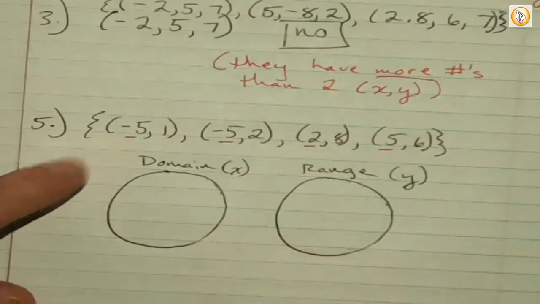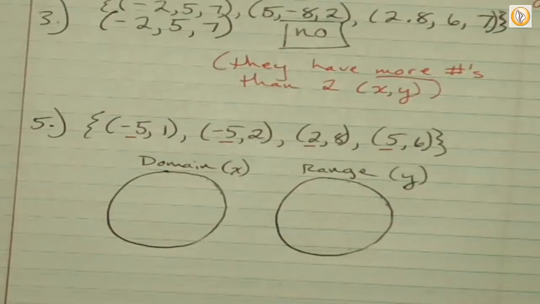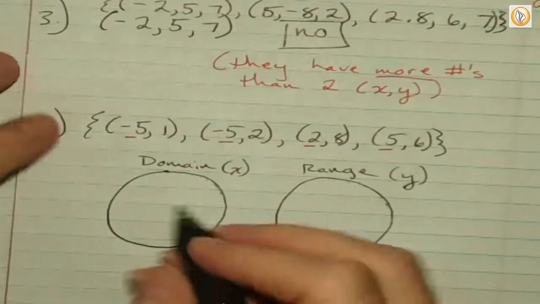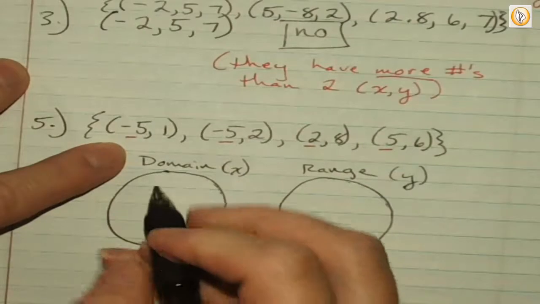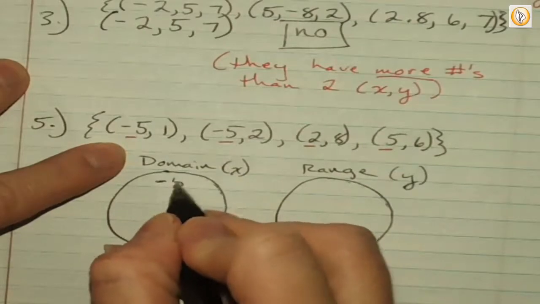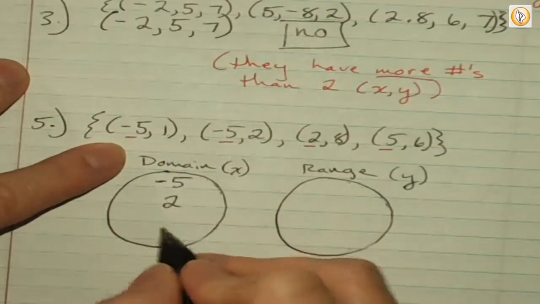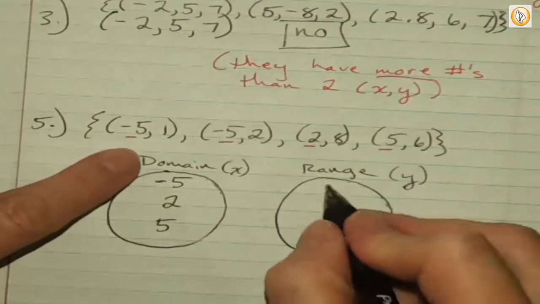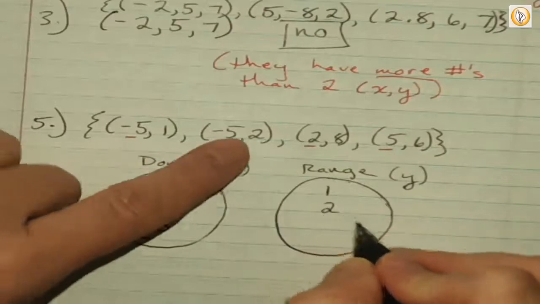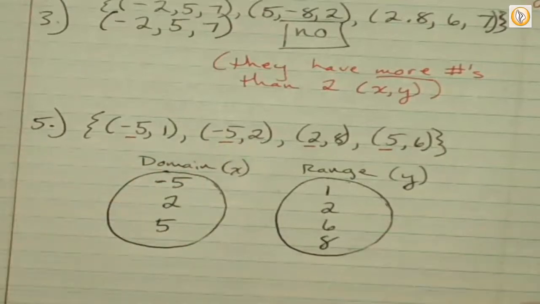So all of our X's are going to go into the first circle. Matthew, do we... See, in my head I was thinking, ask Matthew, you can't have a repeat. So right here, Franz, I have a -5 and -5. I only have to write that one time. And then my Y's, I'm putting them least to greatest, and let's see, I have 1, 2, 6, and 8.